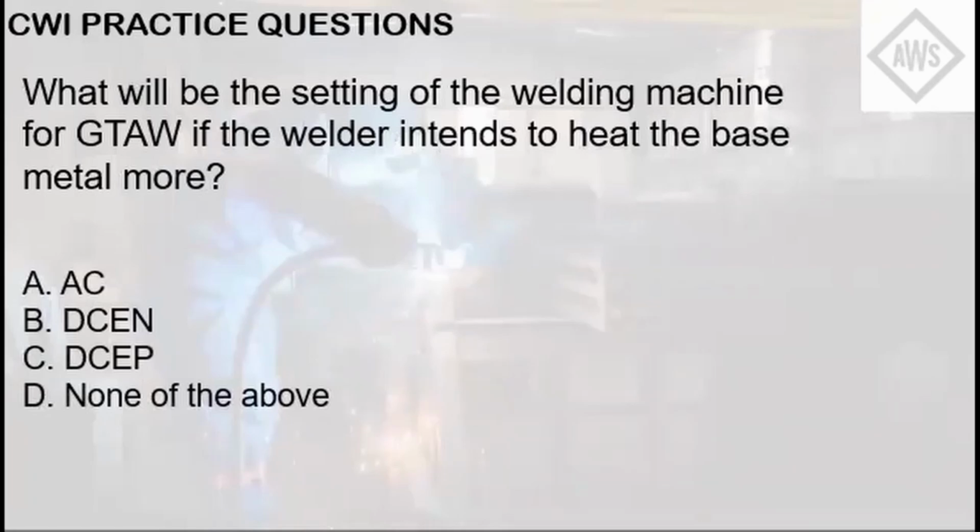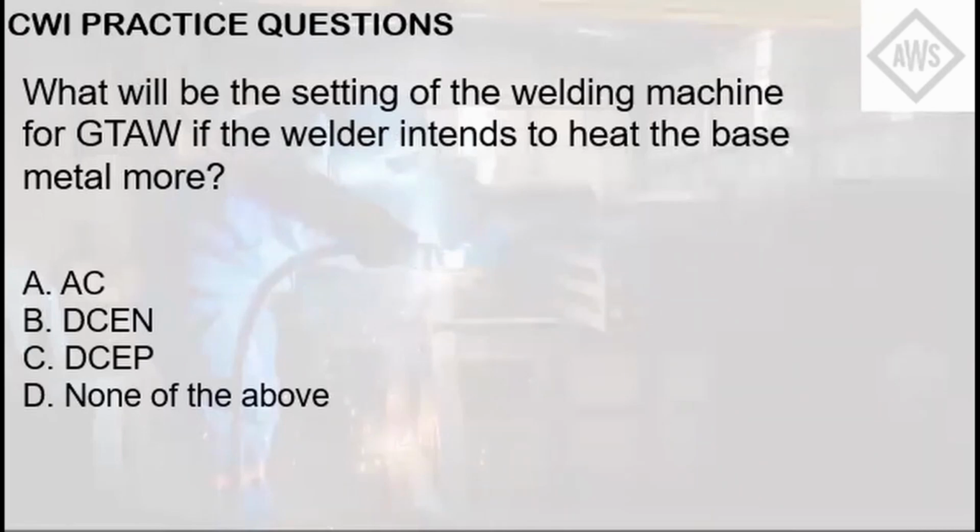So welding machine commonly has what we call the electronegative flow, right? So it flows through a circuit in an electrode negative manner. For letter A, AC, if it is AC, it will not heat the base metal more because of its sinusoidal kind of curve.